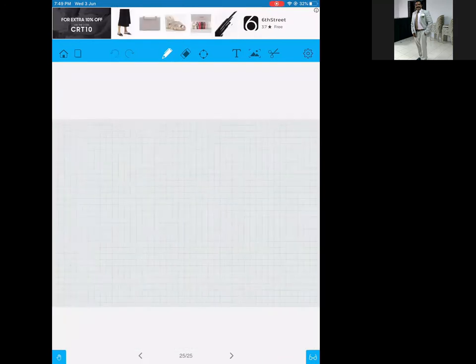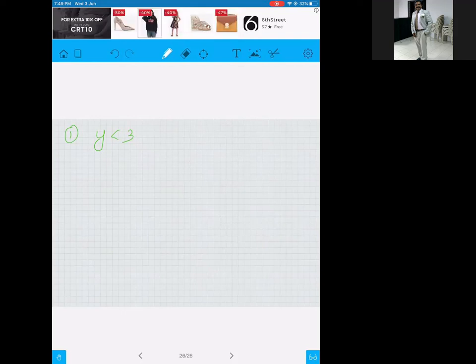Another example. We need to represent y less than 3. First of all, draw the graph for y is equal to 3. This is y, this is x, this is 3, and we have to draw a dotted line.